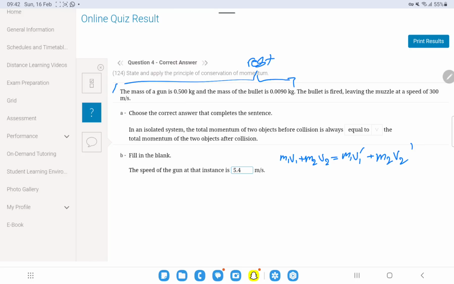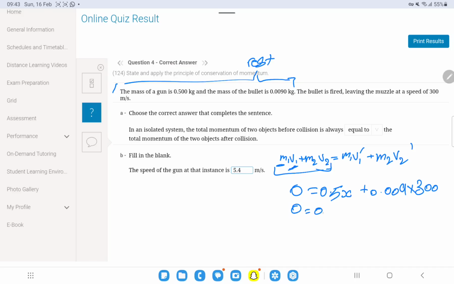They didn't give us any speed, they didn't give us any movement, so it's at rest. So any mass times velocity 0 is going to be 0, so this whole side is 0. m1 is 0.5 for the gun, and v1 we want to find, x, plus m2 the bullet 0.009 times v2 300 equals 0.